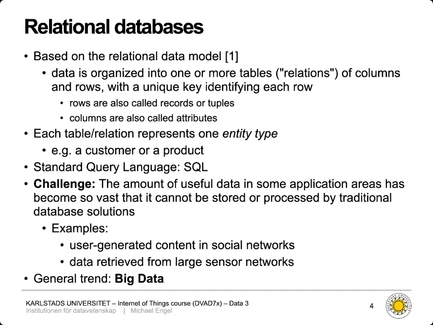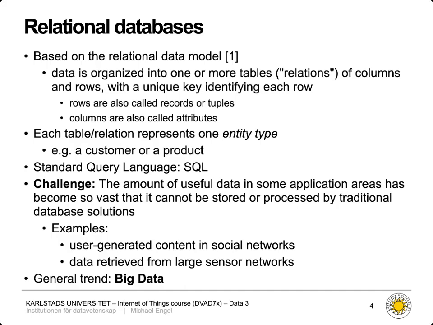Each table or relation represents one so-called entity type. For example, we have a table for customers, which might include the name, the address, the phone number of a customer, or we have a table for products, which might include the product number, the name of the product, the quantity it's delivered in, and the price of a product.